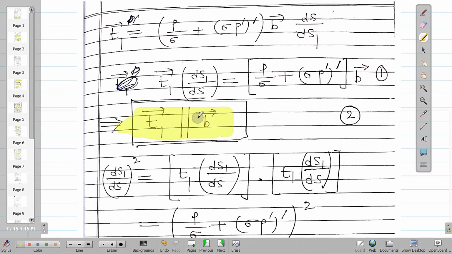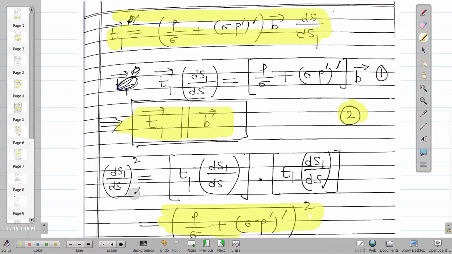Remember, that was our aim. t1 is parallel to b vector and b1 is parallel to t vector, but n1 is parallel to n vector. So that was our aim. Clear? Similarly, we can find the value of ds1 by ds whole square, which is equal to this value that we already discussed. So this is a very important value that we will use in this equation to find the value of t1 vector. Clear?